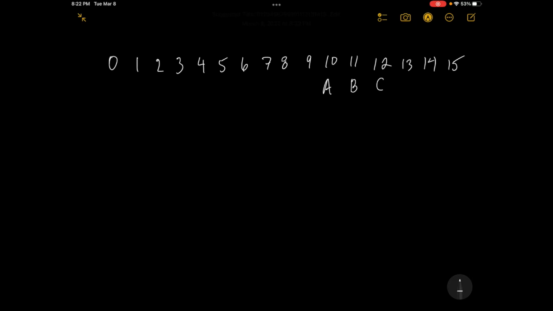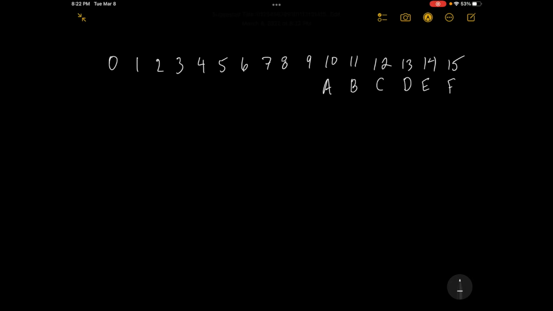These are 0, 1, 2, 3, 4, 5, 6, 7, 8, 9, 10, 11, 12, 13, 14, and 15. Up until 9, these are the same as the decimal digits we know. But after that, 10 is A, 11 is B, C is 12, 13 is D, 14 is E, and 15 is F.